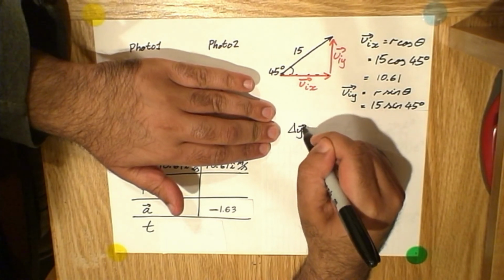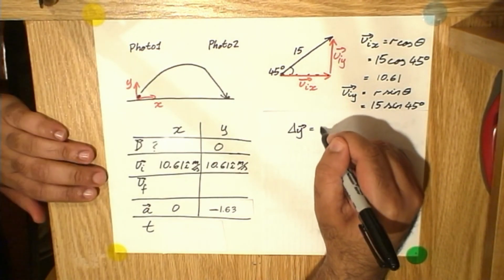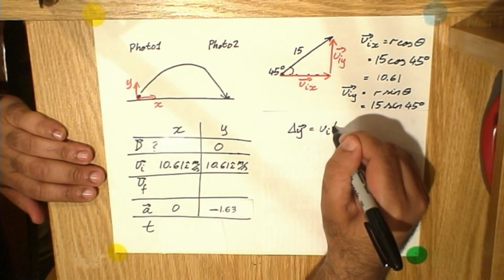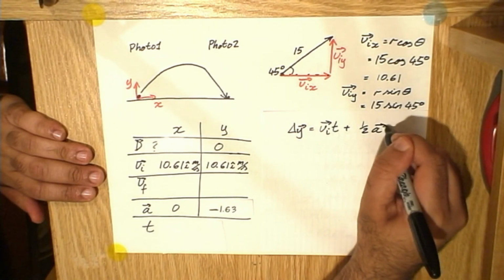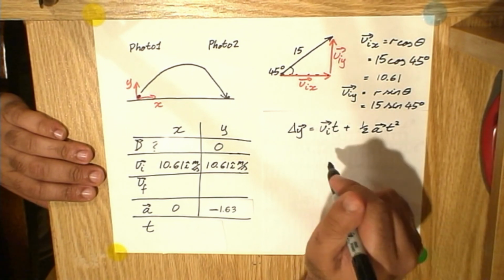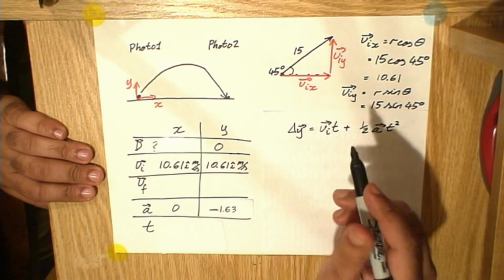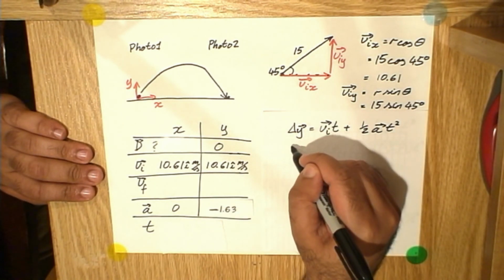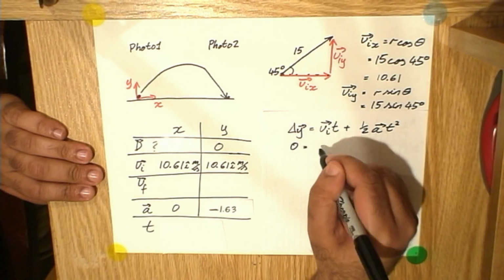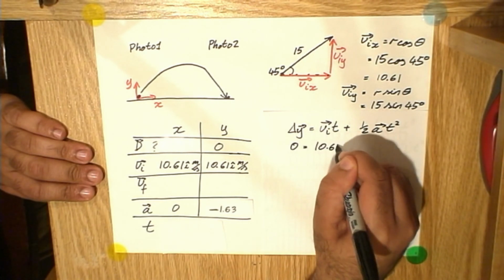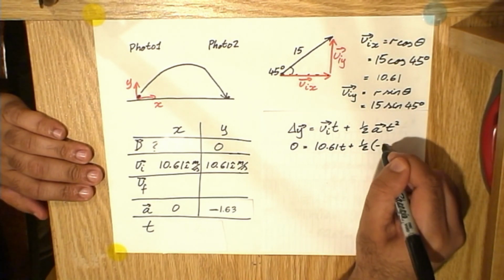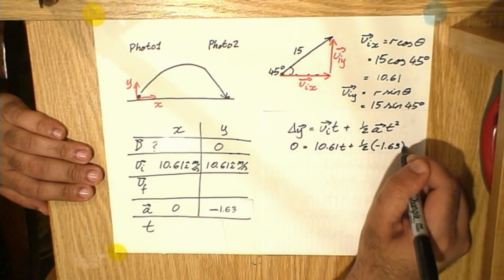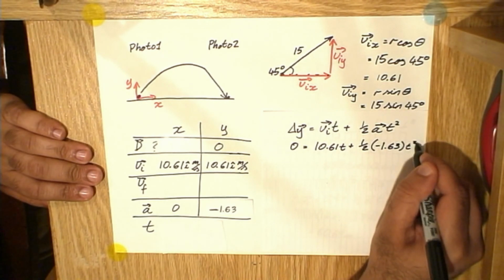Delta y is equal to v initial times t plus 1/2 a t squared. That's the toolbox equation that we need to use to solve for the time. So delta y is 0, v initial is 10.61 times t plus 1/2 times acceleration, negative 1.63, times t squared.